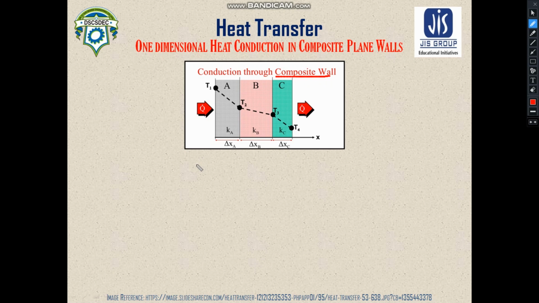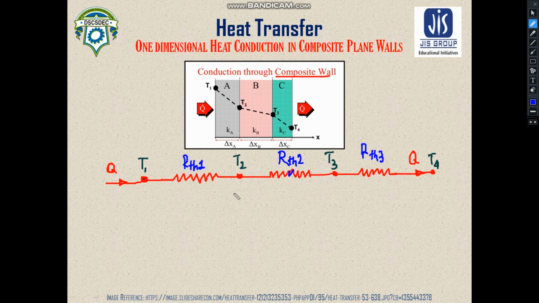Just a few moments earlier we discussed the electrical analogy concept, and we will see how this concept can be used to derive the equations for the temperature and heat transfer calculations for this composite wall. Just give me some time and I will draw the electrical circuit for you, and then I will explain it.